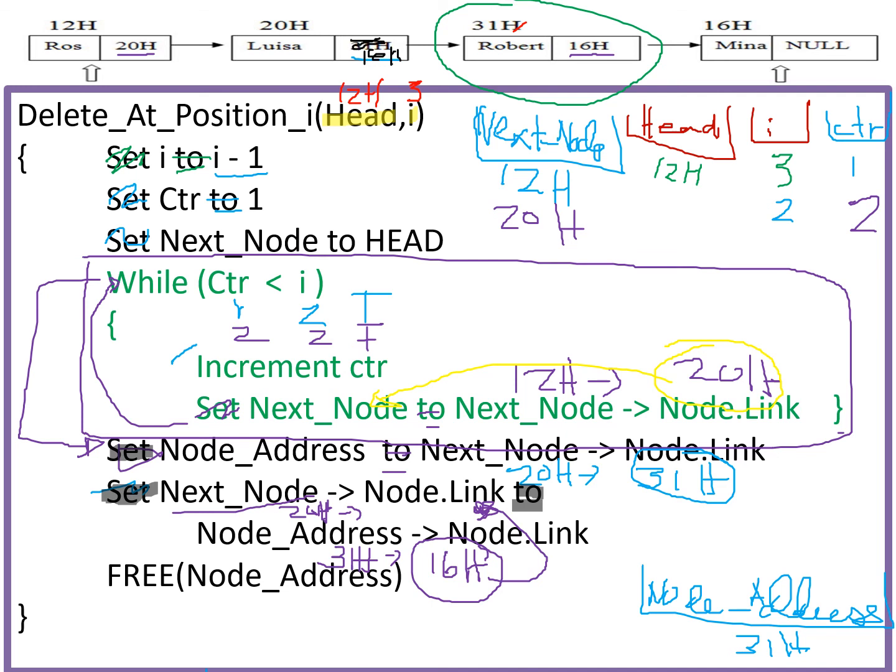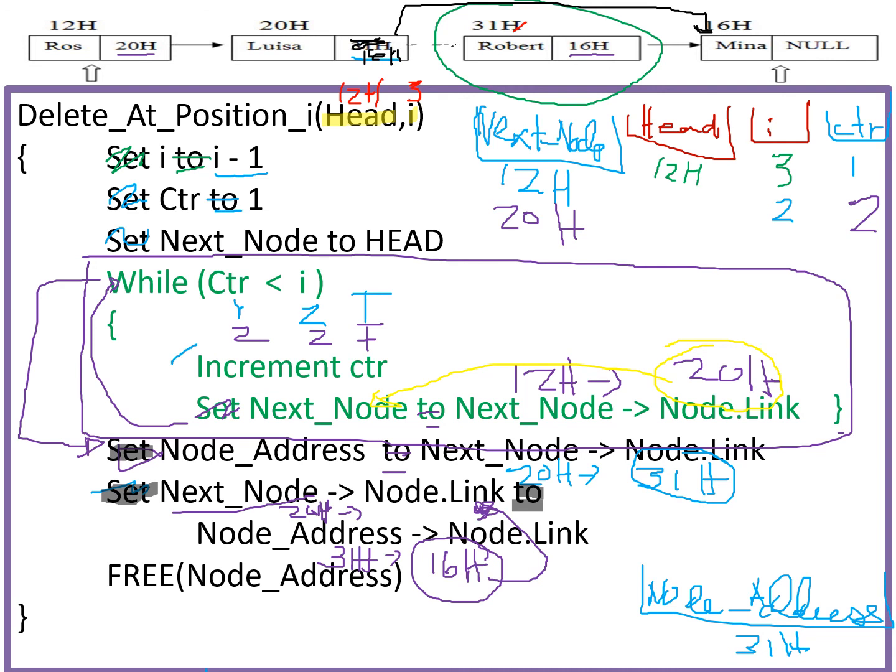So, that means there is no more link here. Okay? Burahin natin yung link. Okay, wait lang. Burahin natin yung link dyan para makita nyo na nabura na siya. Oh, yeah. Okay. So, 16H, that means it refers to the address 16H as our next node.